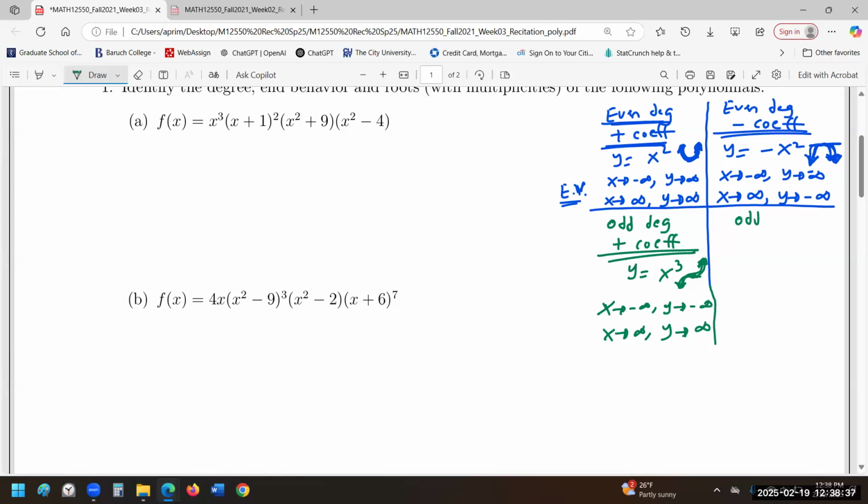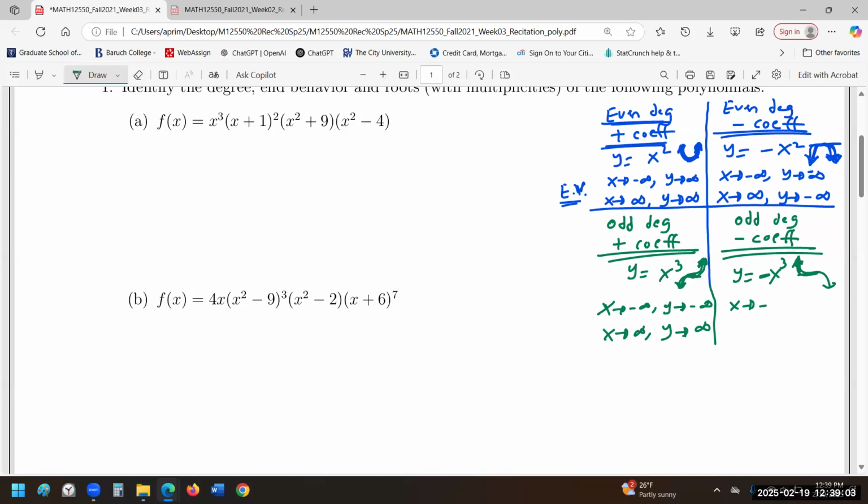Lastly, we have odd degree and negative coefficient. Same example, y equals x cubed, but this time it's negative x cubed because we have a negative coefficient. And the graph of negative x cubed has the other way around shape. So when x is getting smaller, y is getting bigger this time.